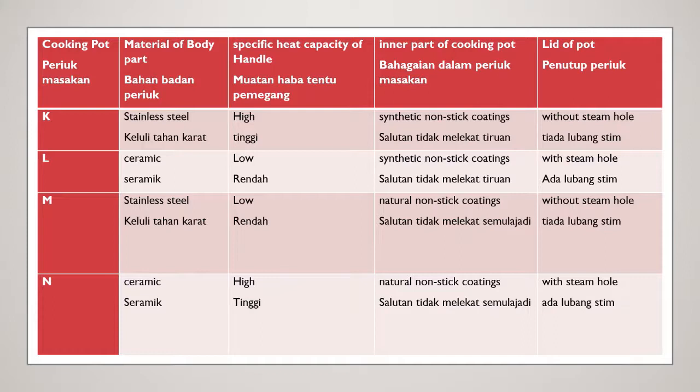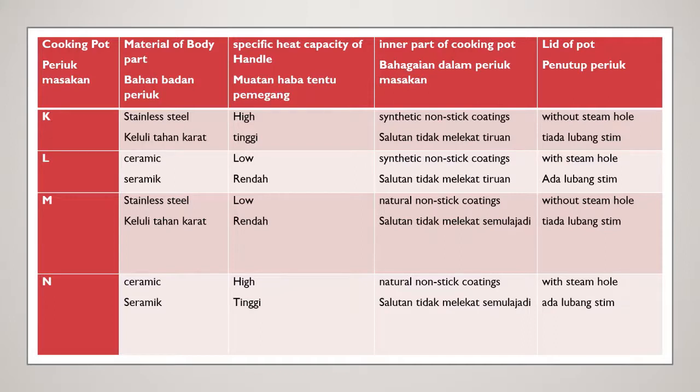So there are 4 aspects that we need to consider when we choose this cooking pot. Kita ada 4 aspek yang mesti kita fikirkan sebelum kita memilih yang mana periuk masakan yang paling sesuai.